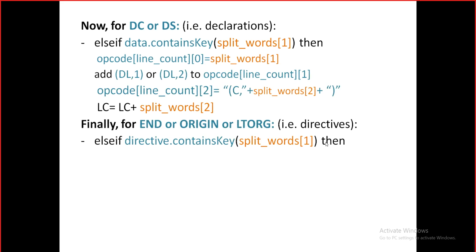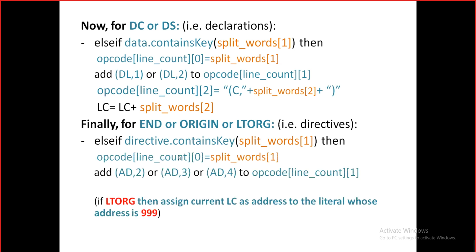So we are checking if split words of 1 belongs to the assembler directives hash map. If yes, if this is true, then we have to process it accordingly. How do we process it? We simply add in the 0th column of our opcode table the split words of 1.